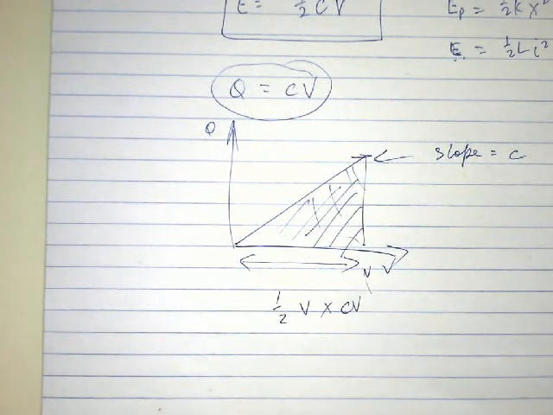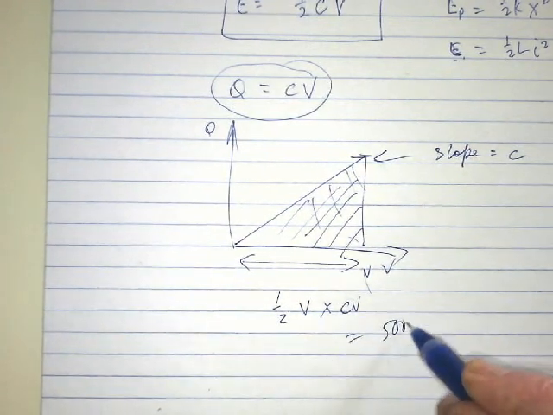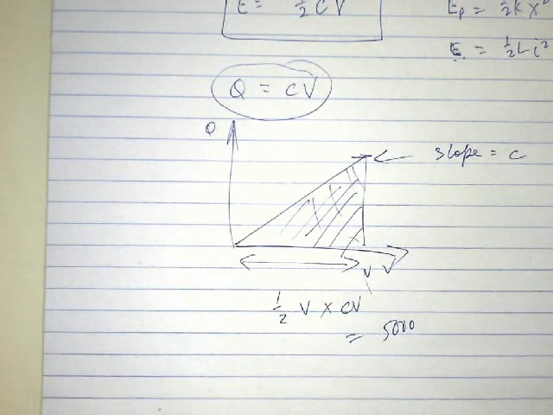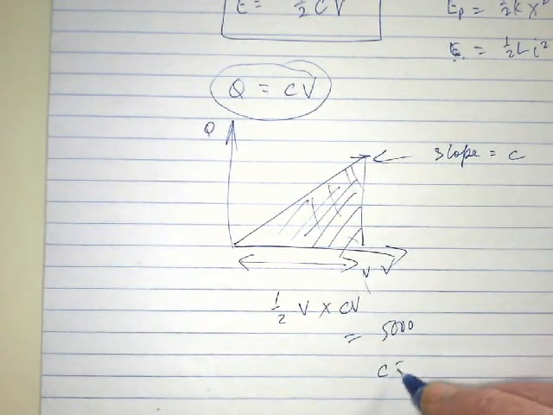Okay. So in this case, we just told you, you've got 5,000 volts, and you've got a capacitance C, which is 24 microfarads.